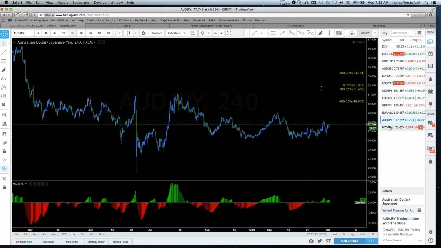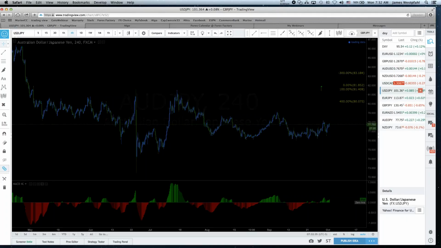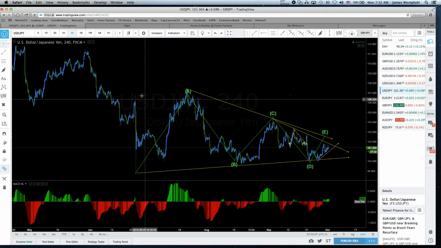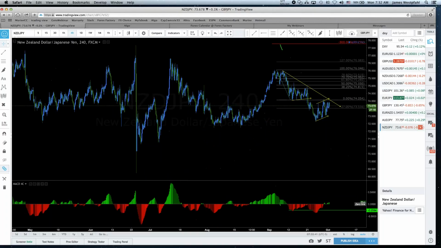All those yen pairs to me look like they're ready to go. I mean, if anybody else can see these, you got the big Brexit move, the consolidations in all of them. Let's go back to the dollar yen. They're all relatively the same.